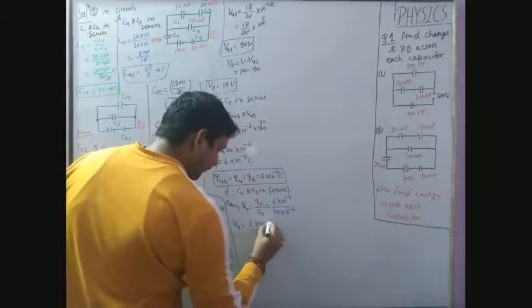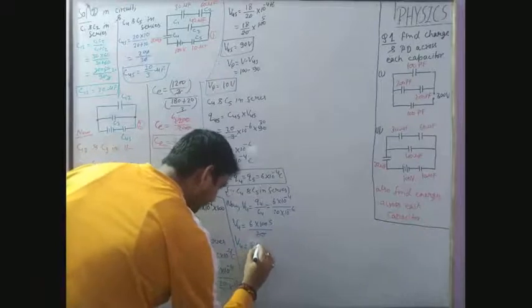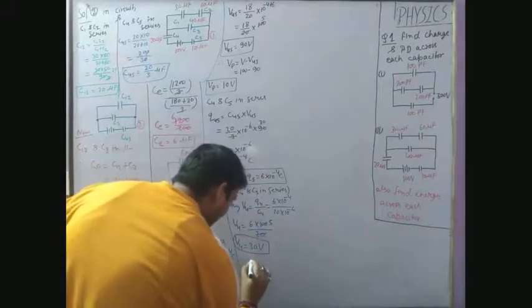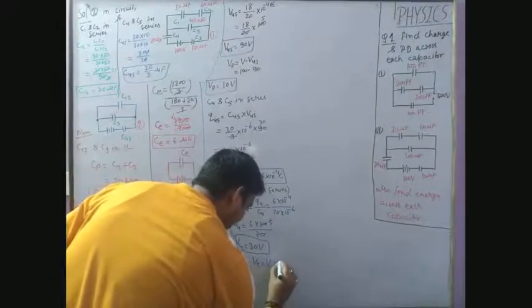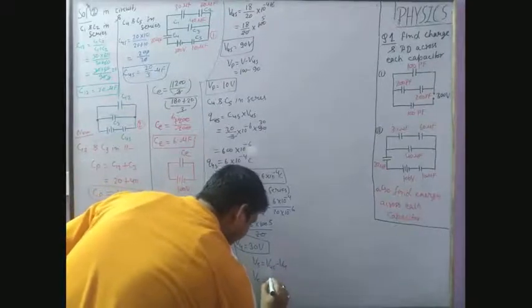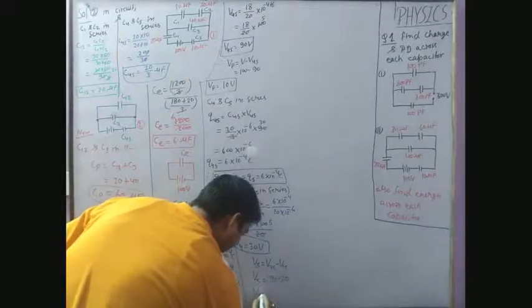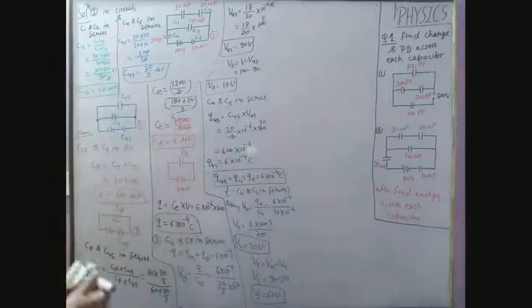This cancel by 5 times and we get V4 is equal to 30 volt. Therefore you will easily calculate from here V5, which is V45 minus V4, that is V5 is equal to 90 minus 30, that you get V5 is equal to 60 volt. Okay.